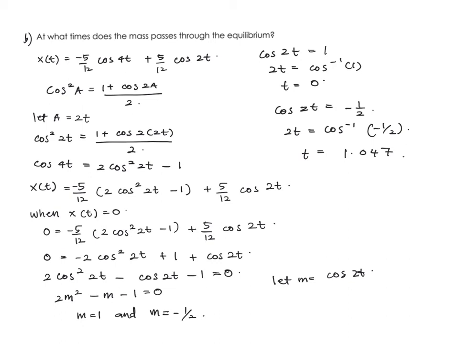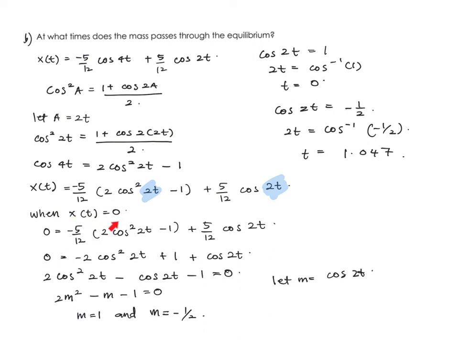Okay, so now as you can see, we have the same cos 2t. So, we can find the value of t. Okay, how to find t? Mass passes through the equilibrium means xt equal to 0.